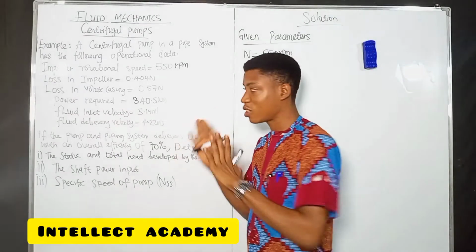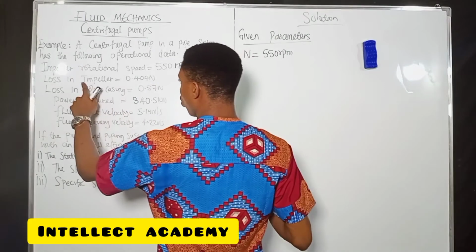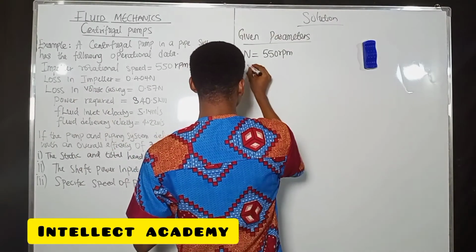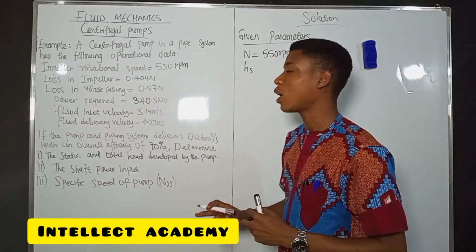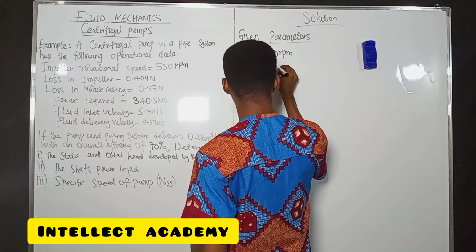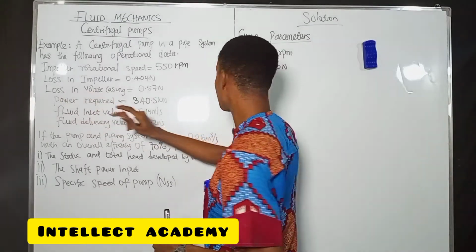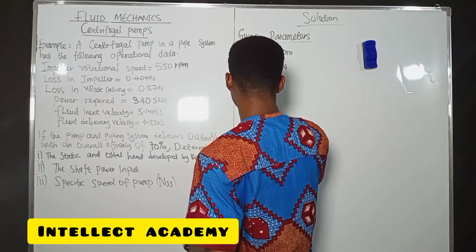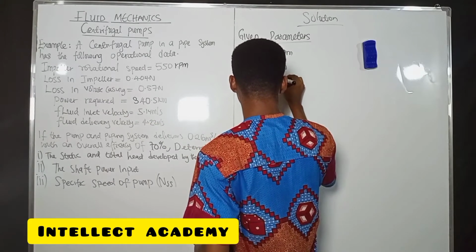So first of all, the loss in the impeller is given by HS because it's at the suction, that's where the impeller is. So we have 0.40 Newton. We have the loss in an involute casing, which will be HD, equals 0.57 Newton.